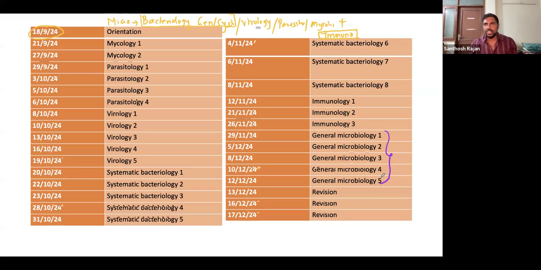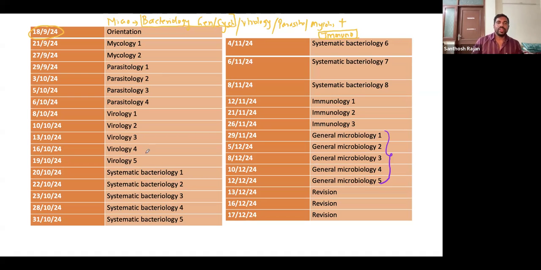The cell structure itself is an important topic. Then microscopy, the scientists who invented it, staining methods, and culture methods. All these will be covered in these 5 classes in a very easy and simple manner. Sterilization, all the sterilization procedures, and disinfection will be in your general microbiology. So 5 classes are sufficient for that.